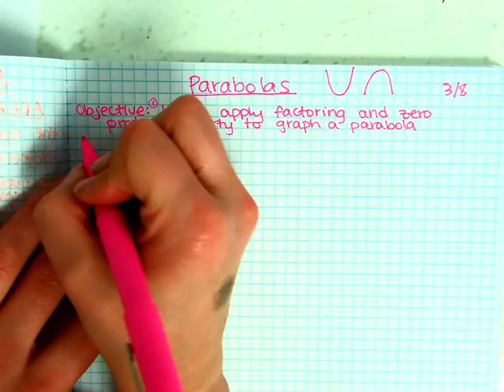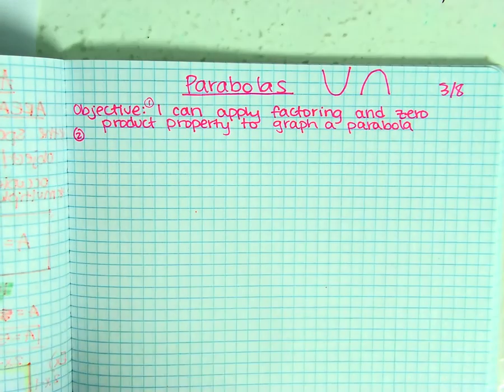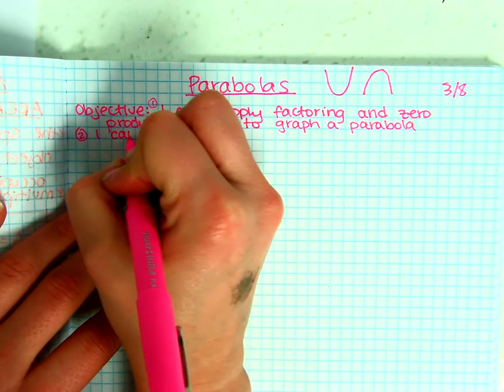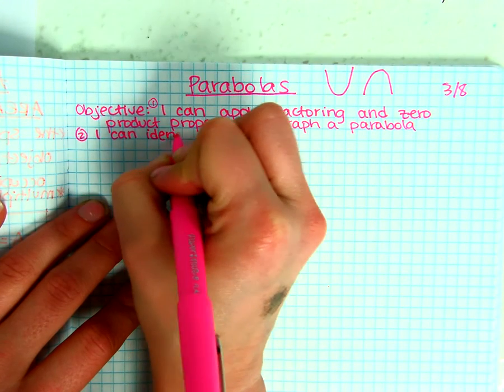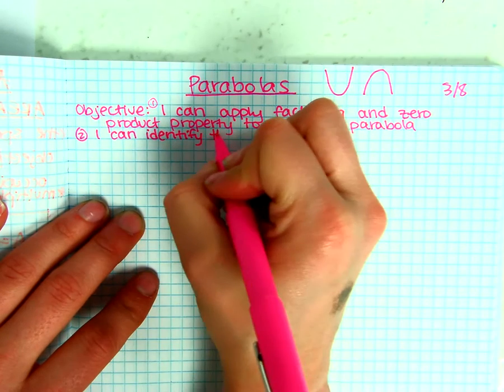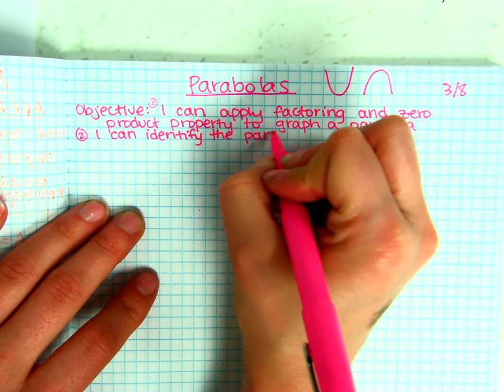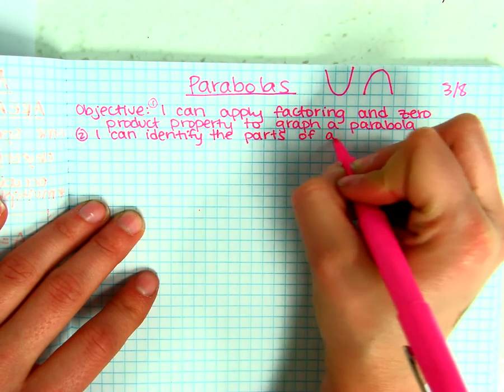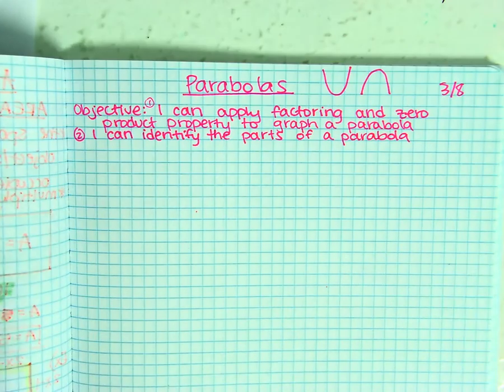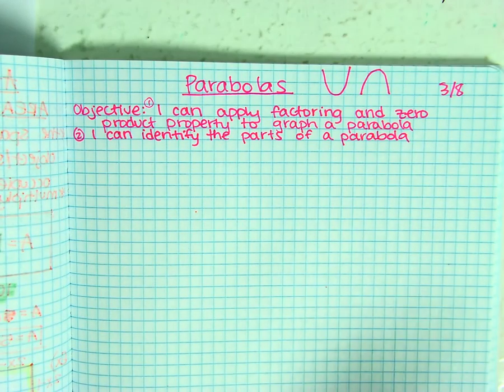Our second one is I can identify the parts of a parabola. I want you to know that you can identify the parts of a parabola. We're going to start off with that one.